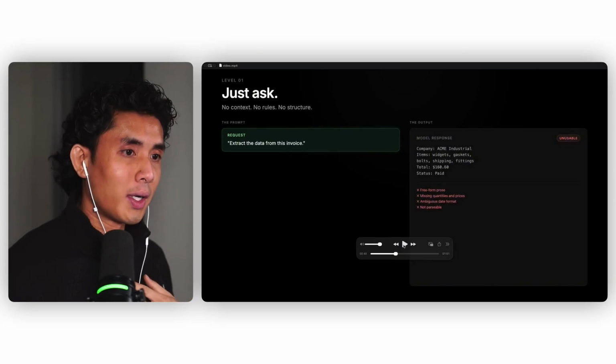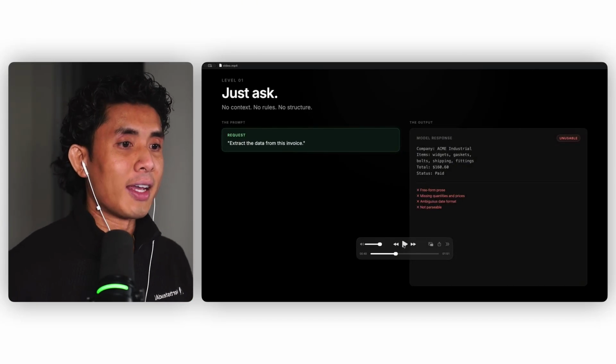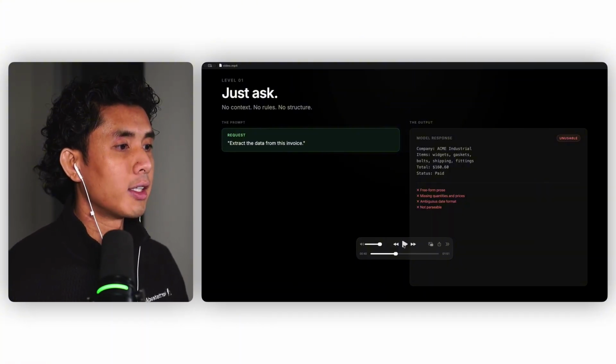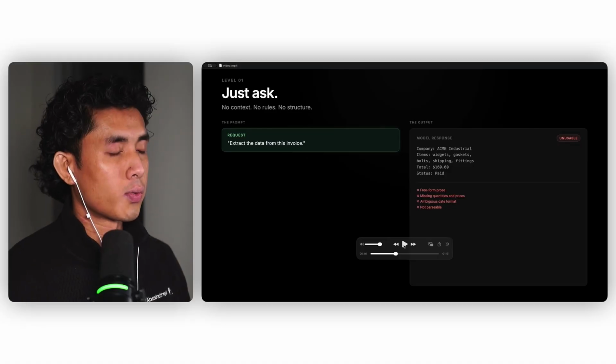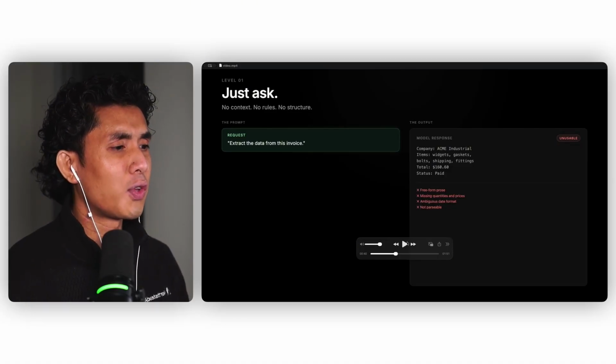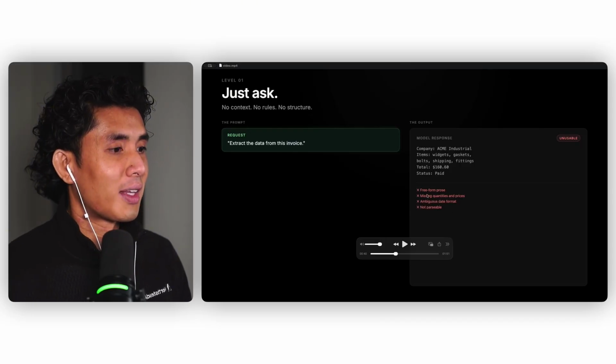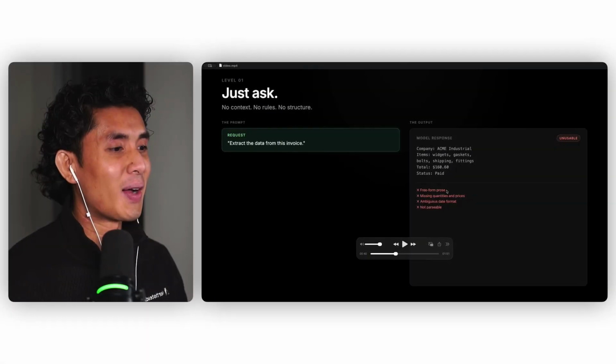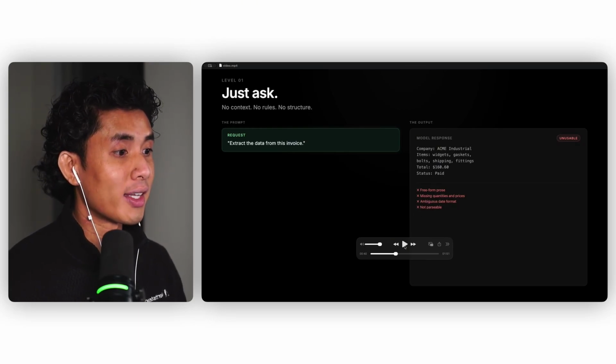So for level 1, I say, hey, extract the data from this invoice. So if we take a look at what the model's response is, well, we have a few different issues with it. If we look, the prose or the language that it pulls out is completely freeform. It's missing the quantities and price.